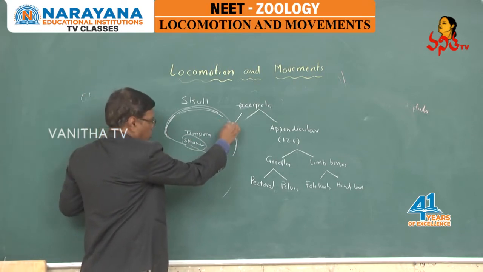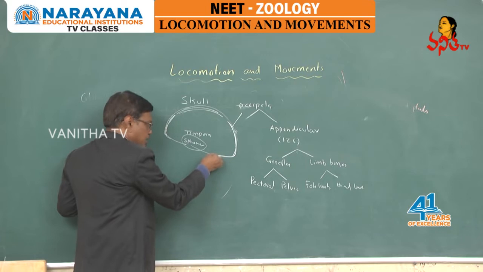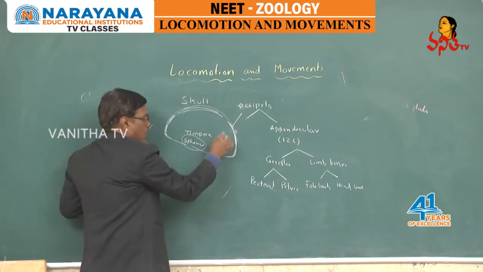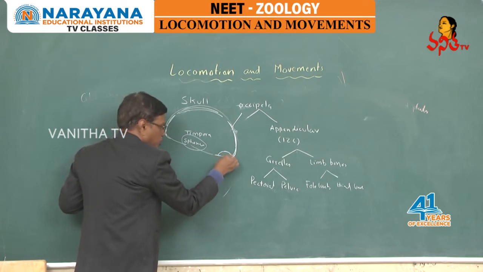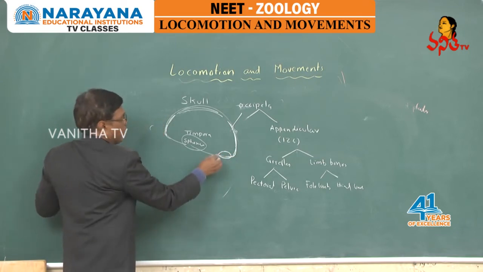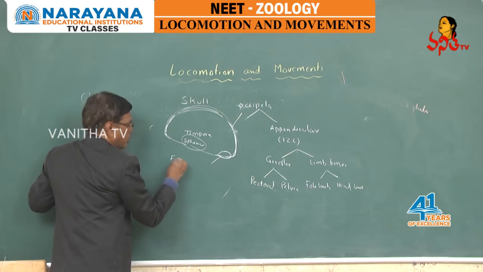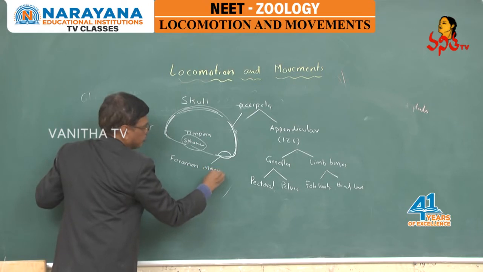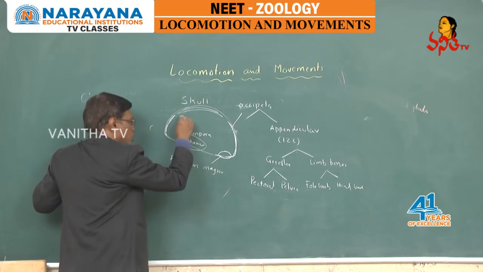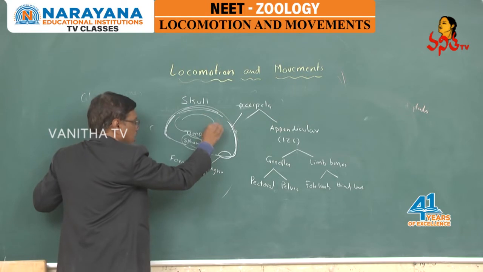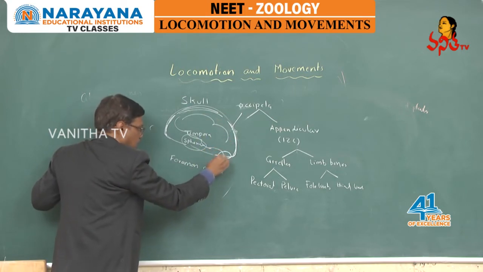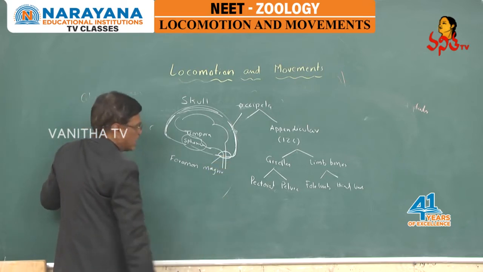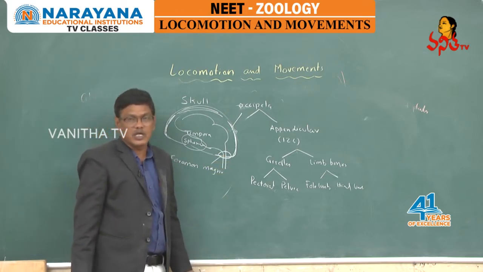The occipital bone invaginates inside and partly forms the floor also. This occipital bone has a wide opening called the foramen magnum. Through this foramen magnum the medulla oblongata extends out and continues as the spinal cord.